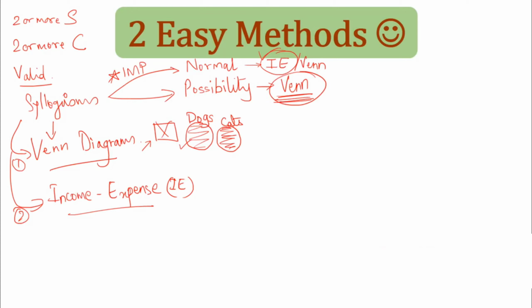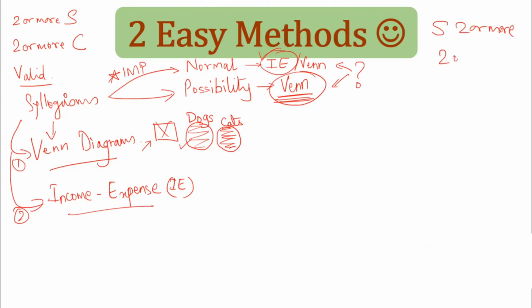Both methods should be known to you because it becomes very useful to have two methods in hand. Now the next question is how to determine which sum is normal and which is a possibility sum, and what exactly we mean by normal and possibility. Whenever you get a question, it will be of this format. There would be a statement, two or more statements.